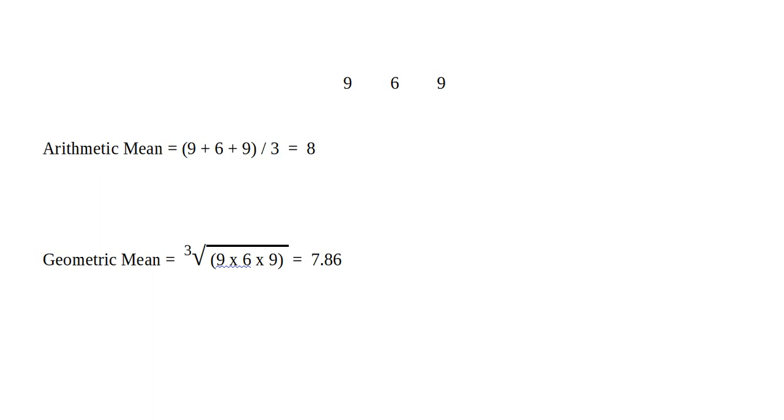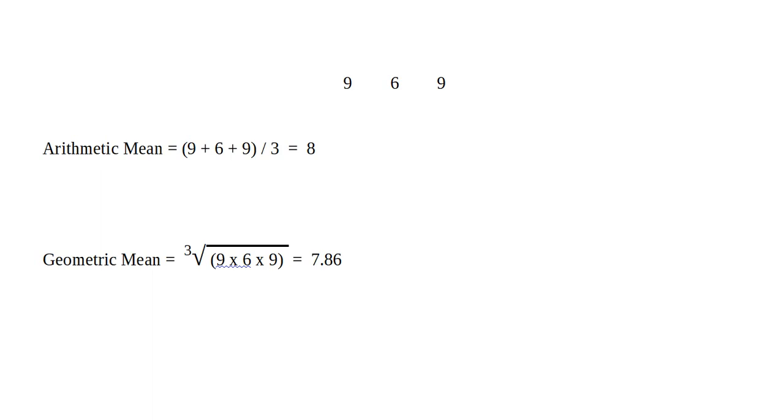But if you go on to look at statistics in year 10 or year 11, then you'll come across what's called a geometric mean. Well, we use geometric in terms of multiplying. So you might have come across a sequence which we call a geometric sequence, where perhaps things double. So you have 2, 4, 8, 16, 32. That type of sequence is written differently. And geometric means multiply. So again, instead of adding them, we go 9 times 6 times 9.